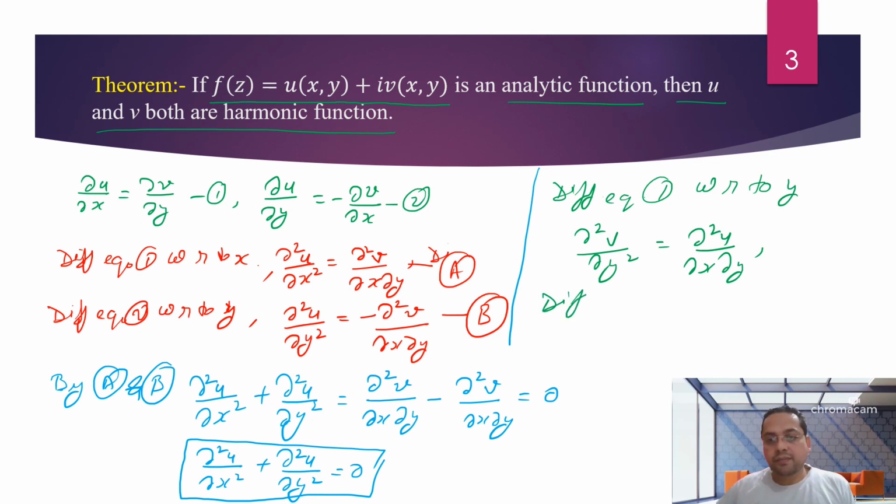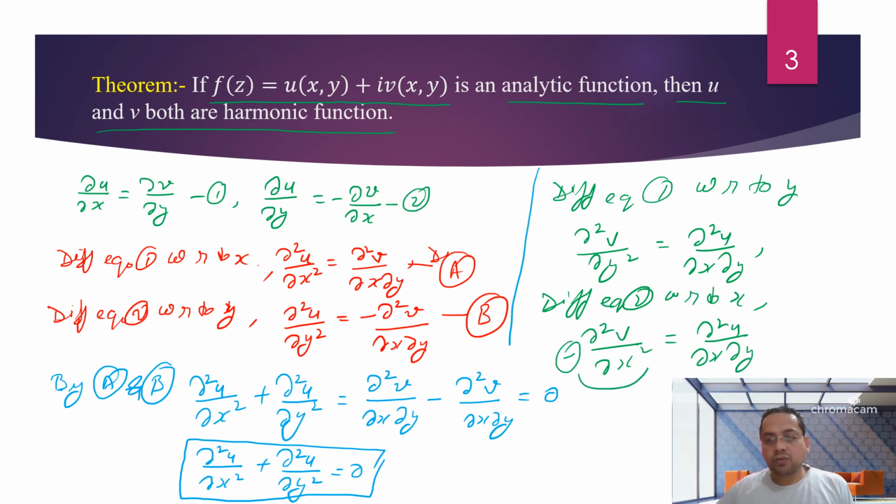Differentiating equation 2 with respect to x, we will get del square v over del x square is equal to minus del square u over del x del y.